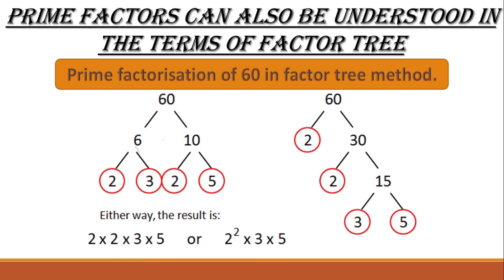So we can also write it as 2 square into 3 into 5. So what is 2 square? If we write a number and on top we write 2, then it's a square. So this is 3 square and this is 2 square. So what is square? The number is multiplied 2 times. Now if we write 2 square, then it's equal to 2 into 2.